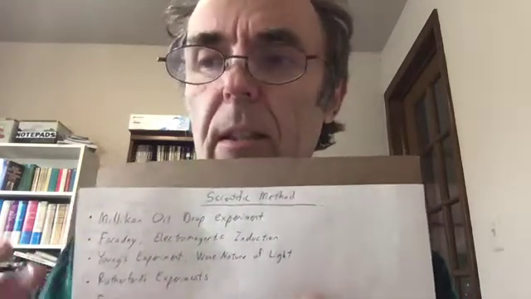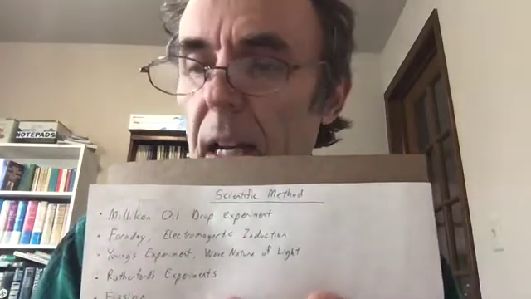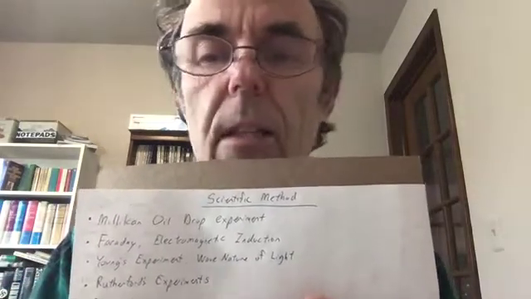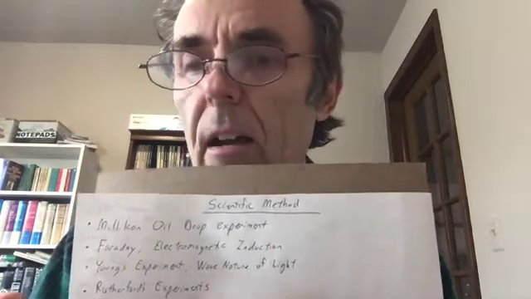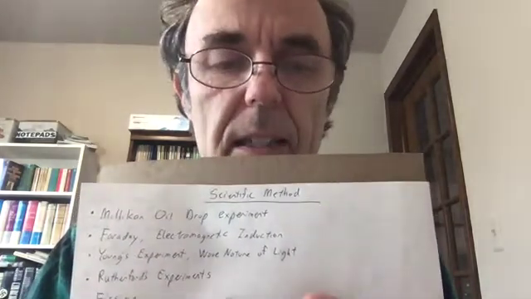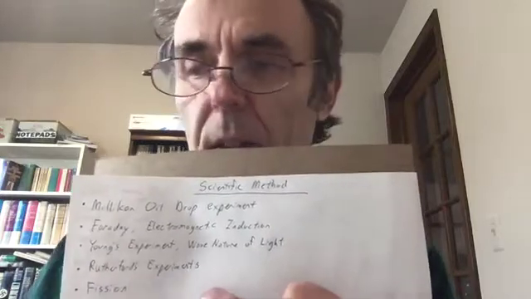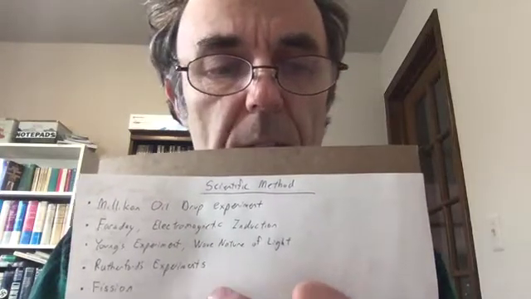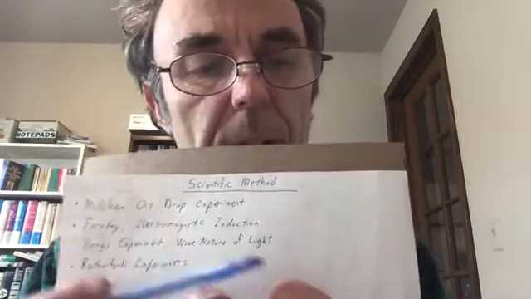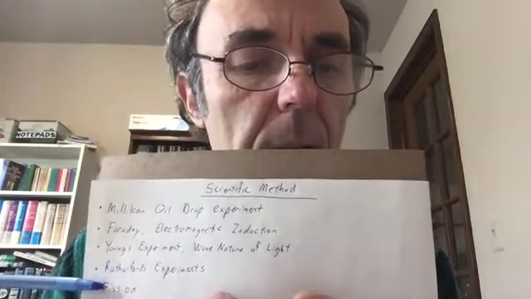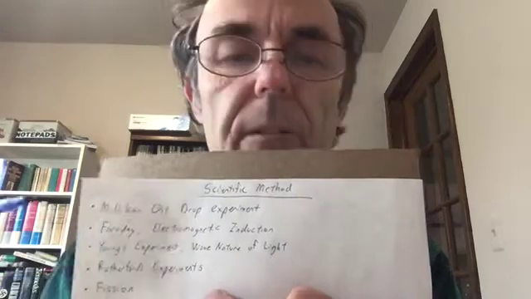Sometimes the scientific method is this very organized method that we talked about. Sometimes it's luck, like Röntgen. When he had his electrons hit the glass, he sort of accidentally discovered that there was some radiation given off. He discovered X-rays. So it's not always that simple. And finally, another classic example of the scientific method at work was fission.